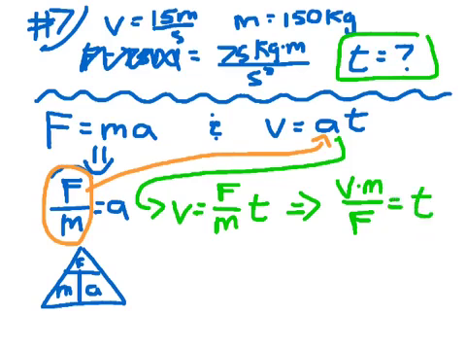So I think this is the equation. This makes sense. I'm given velocity and mass and force, and I'm looking for time. I've got all the variables there. Looks like that's the right equation. So v times m over F equals t.